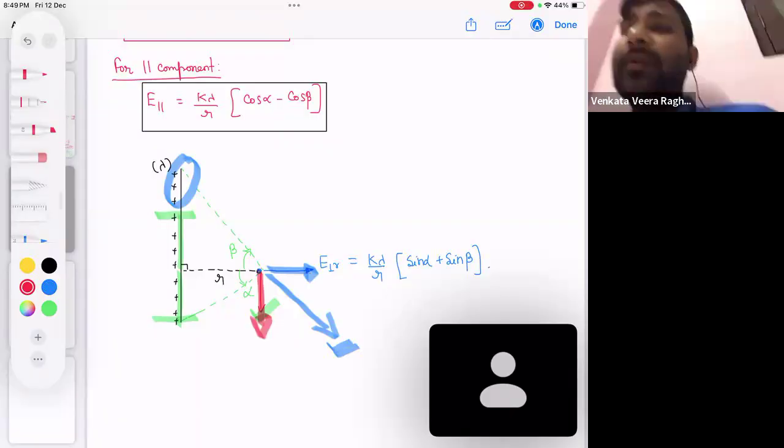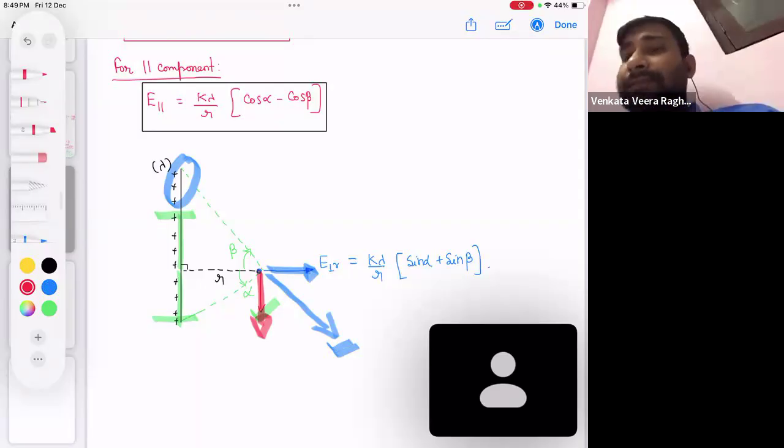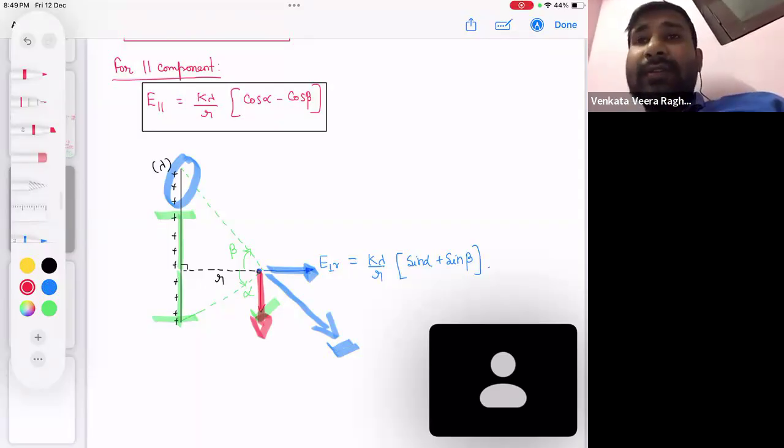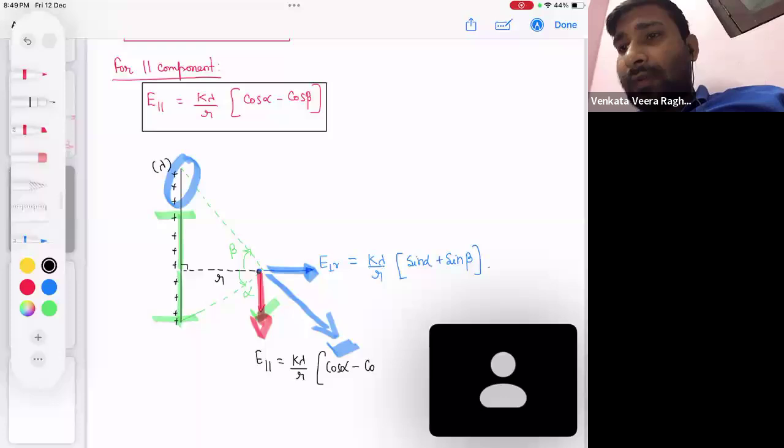So that is how we will decide the direction of the parallel component. Is that clear? I will discuss examples, don't worry. So the parallel component will be k lambda by r, cos alpha minus cos beta.